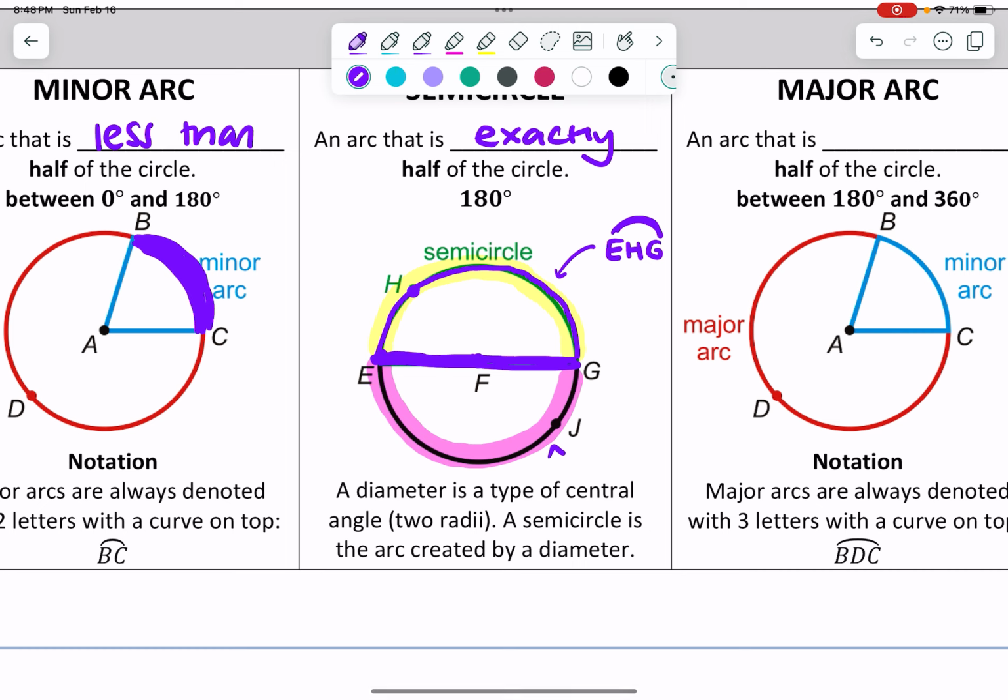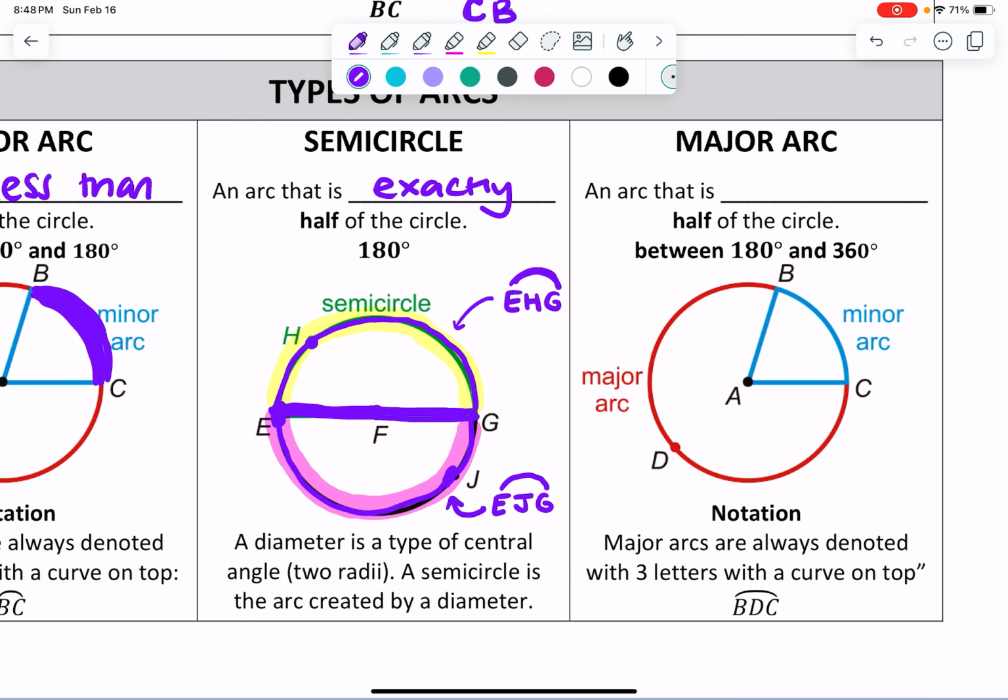And if I'm talking about this pink semicircle, I can say it's E, J, G as the arc. And then it tells me that I go from point E to point J to point G. The reason that center letter is important is because it helps distinguish and provide clarity of which direction I am going, which semicircle I'm referencing.